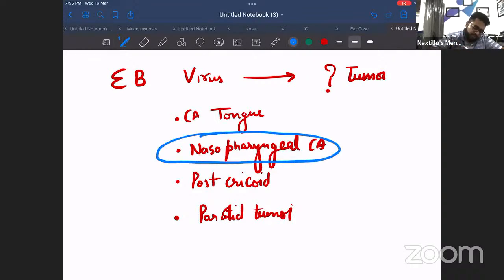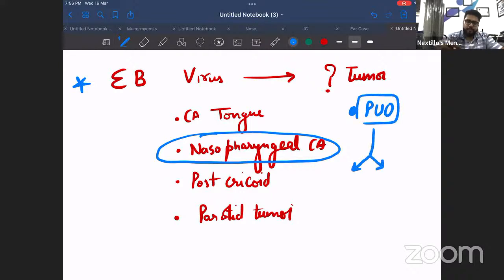See, this question can be framed in many other ways. Suppose there is one primary of unknown origin cancer. You find neck nodes. You do biopsy, you take out samples. Now you send for few tests where you see it comes positive for human papilloma virus or Epstein Barr virus.